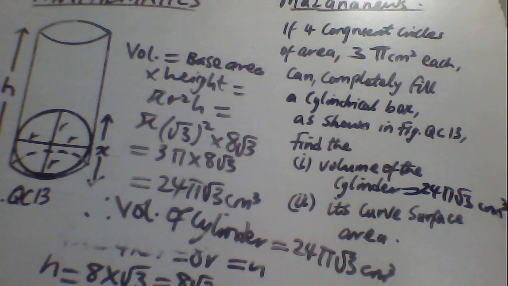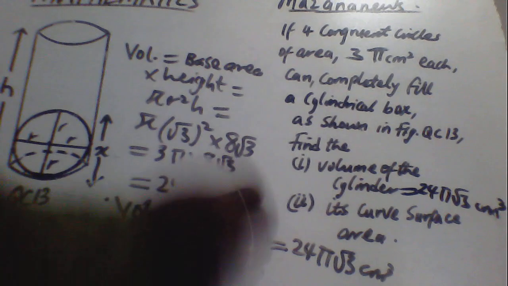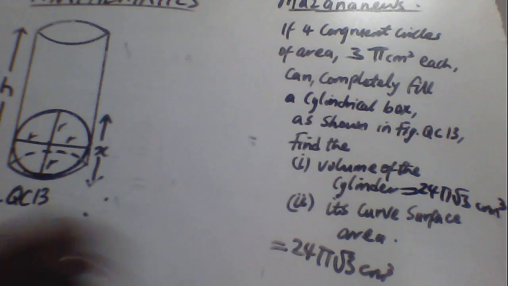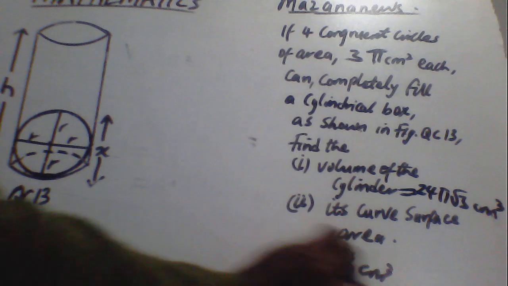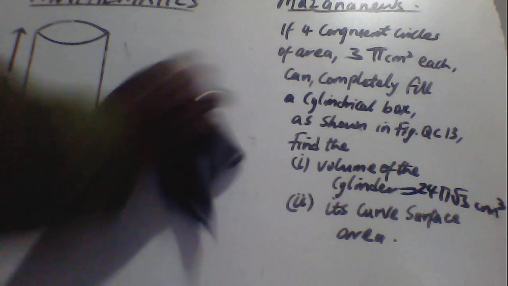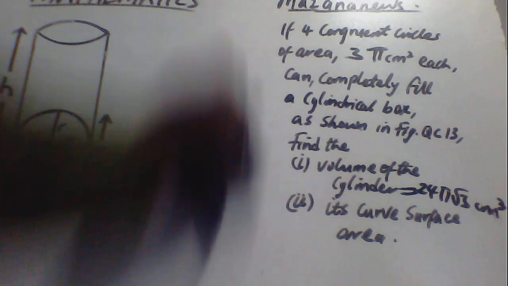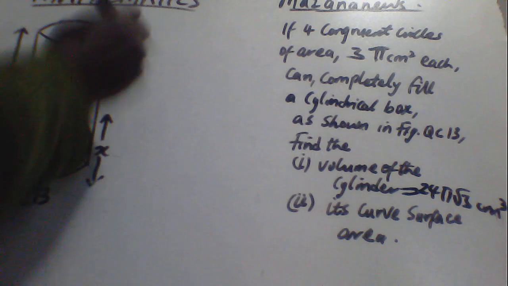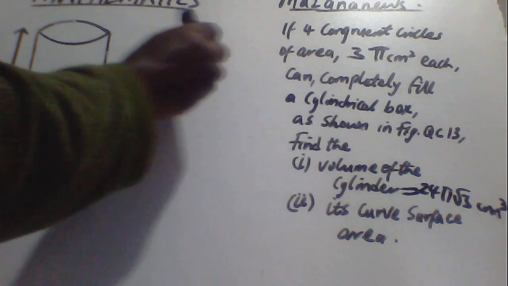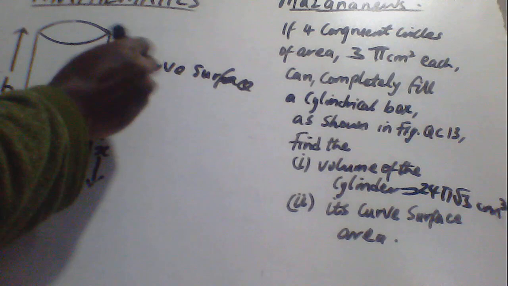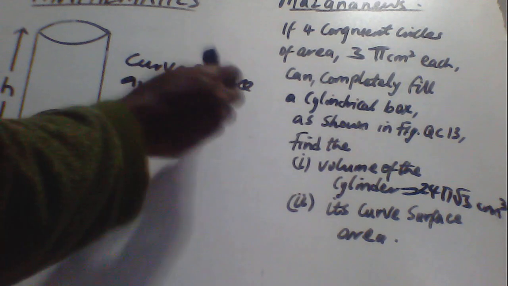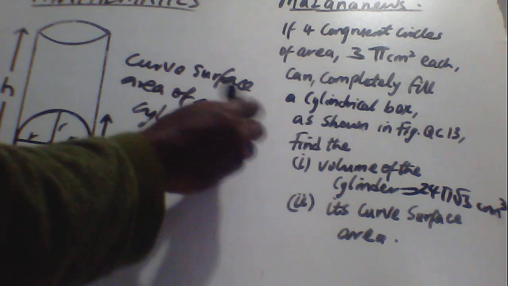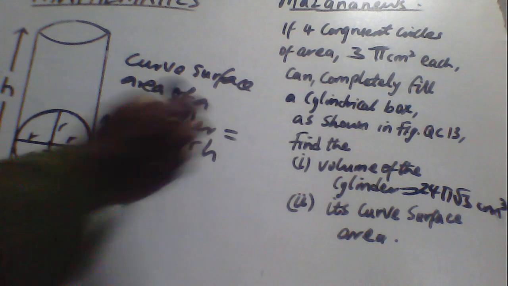So the next thing we have to solve is the curved surface area. The curved surface area of a cylinder is equal to 2 pi r times the height, which is 2 pi r h.